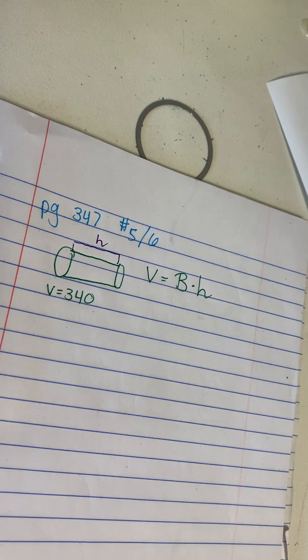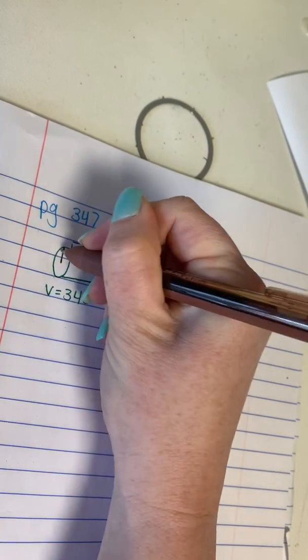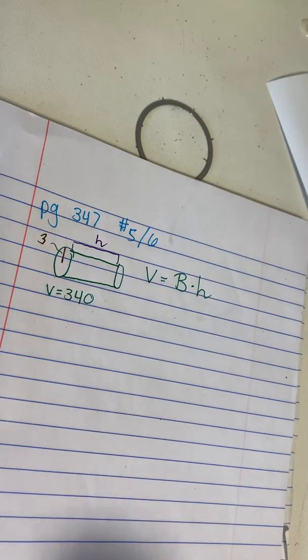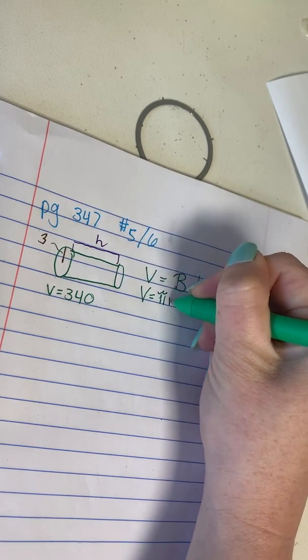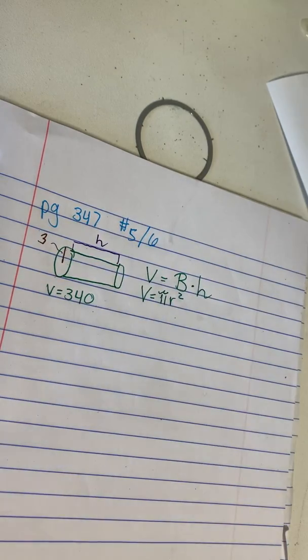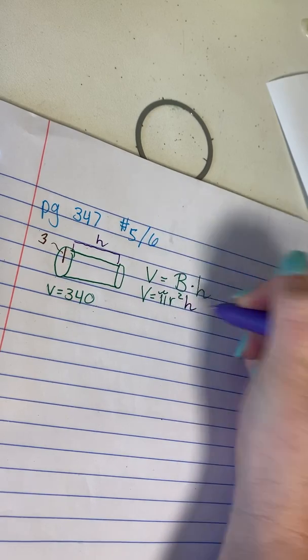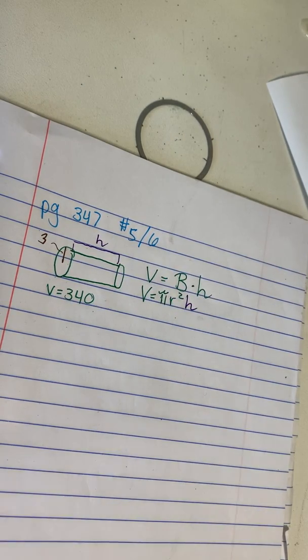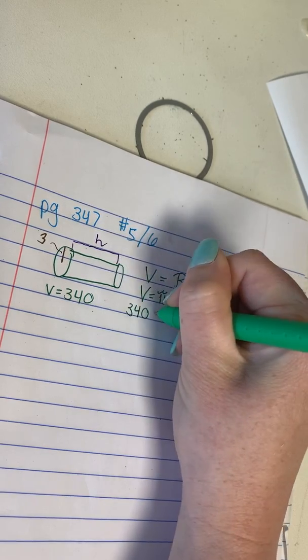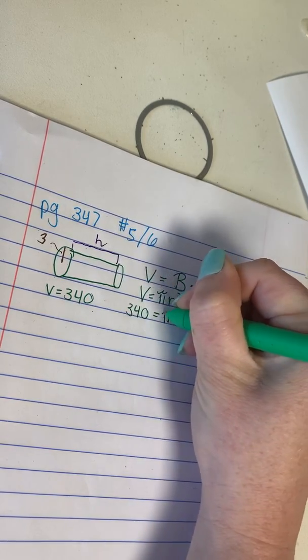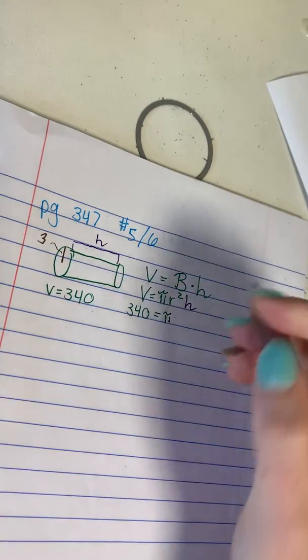So our radius is 3. And let's remember our volume formula. The area of the base is a circle. So pi times r squared times our height, which is missing. They did give us the volume of 340, and they did give us a radius of 3.